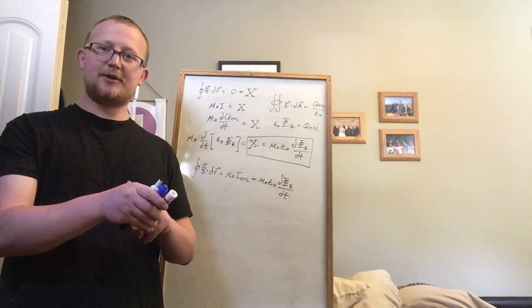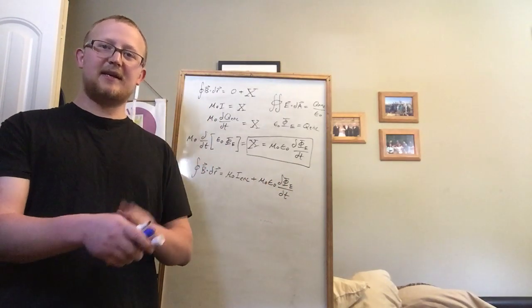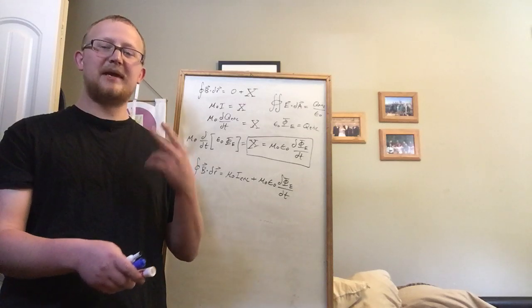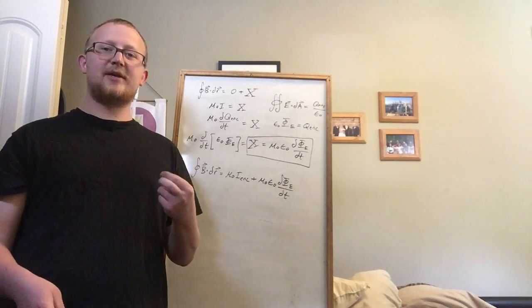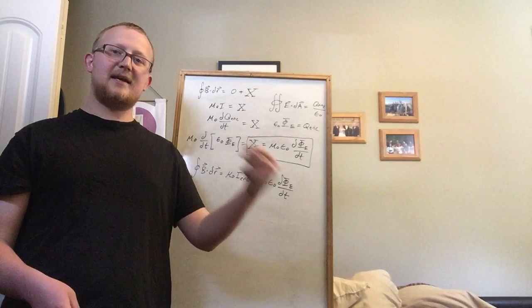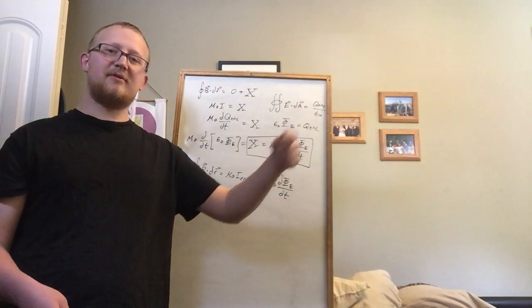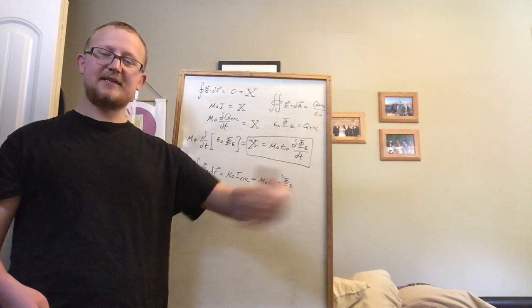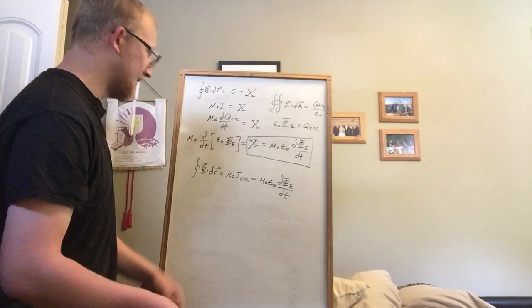It doesn't need charge. It doesn't need any sort of medium to travel through. It's traveling through itself. It's creating the E field for the B field to travel through, and the B field's creating the E field. It's this self-propagating thing, and it's pretty cool.